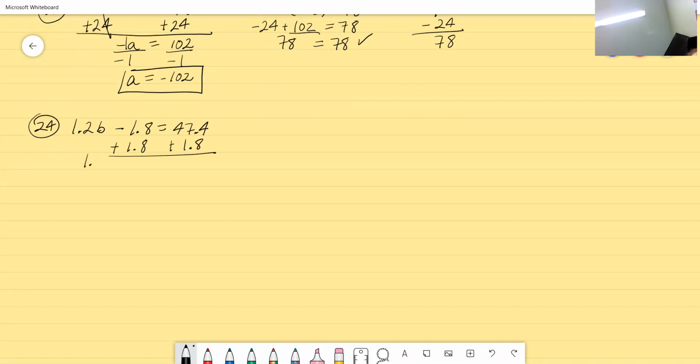And we're given 1.2b equals 47.4 plus 1.8, which is 49.2. Then we divide both sides by 1.2. And we find out that b equals 41.